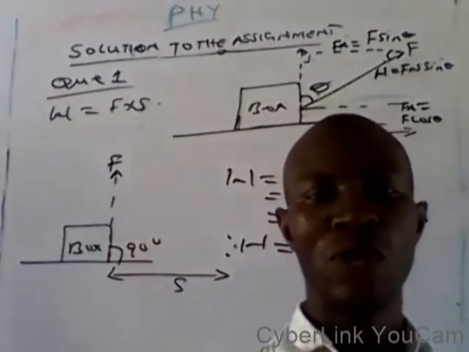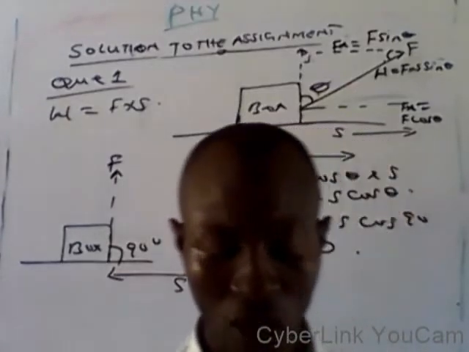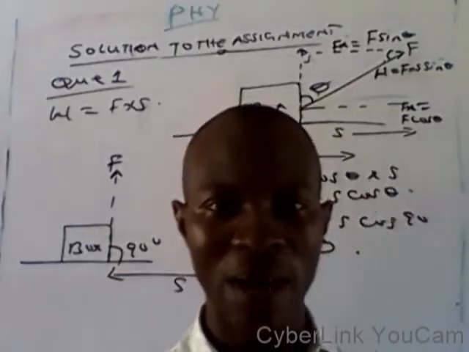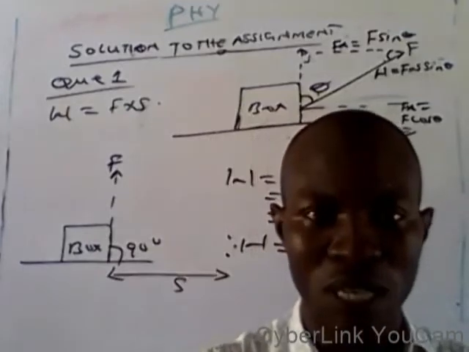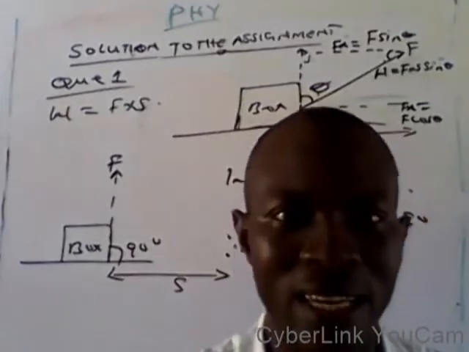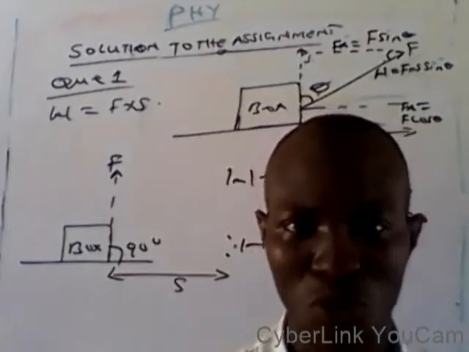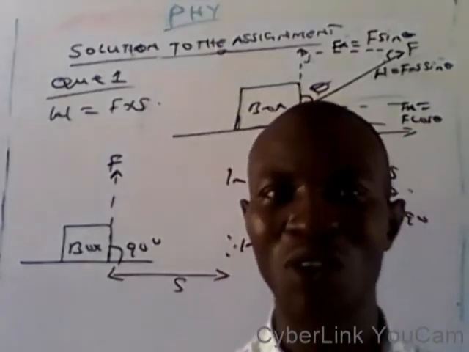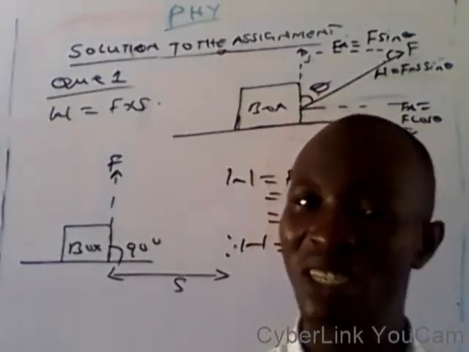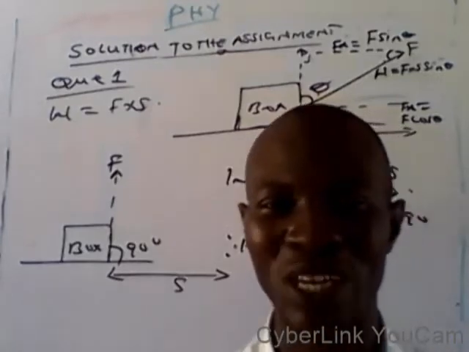So the implication of this is that if we have a certain object on the floor and I'm applying force on that object, pushing it down, for instance, I have a big stone. Instead of lifting that stone up, I'm now pushing it down. The work I'm doing will be 0, because that stone will never go anywhere.